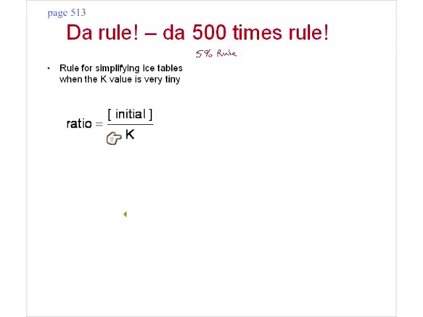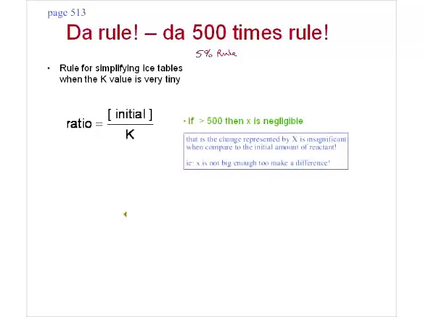Do this little ratio, and if it turns out to be greater than 500, the x in our ICE table is going to be negligible. That means it should end up being insignificant when compared to the initial amount. I'll do an example to show you what we're talking about here.